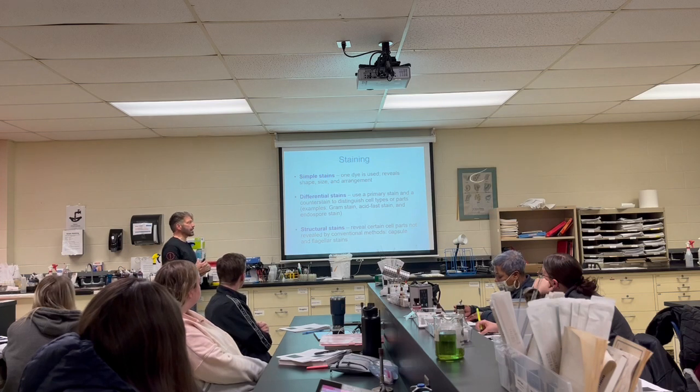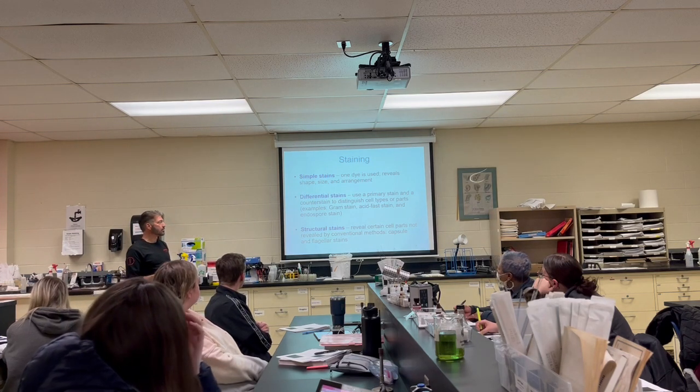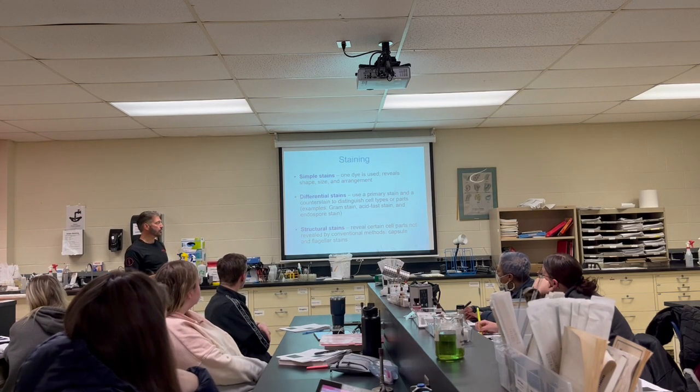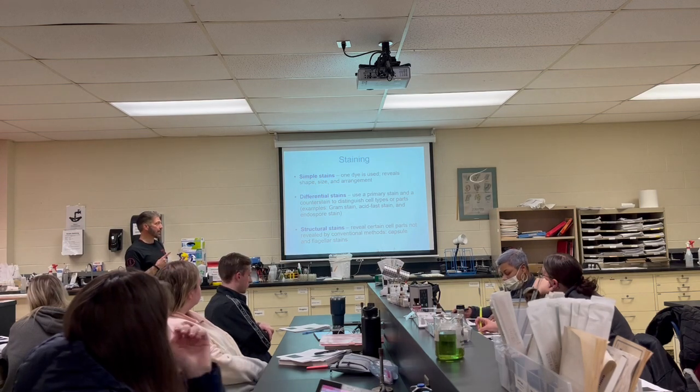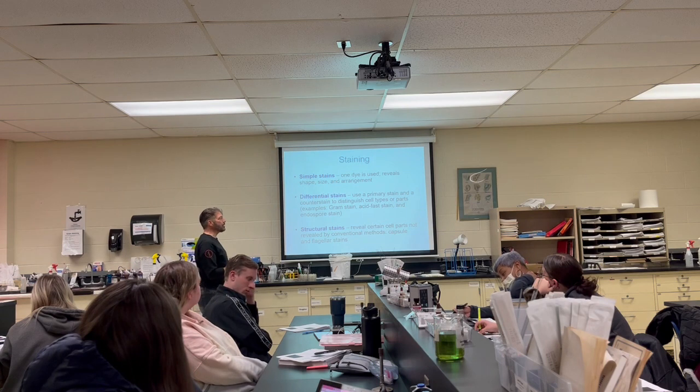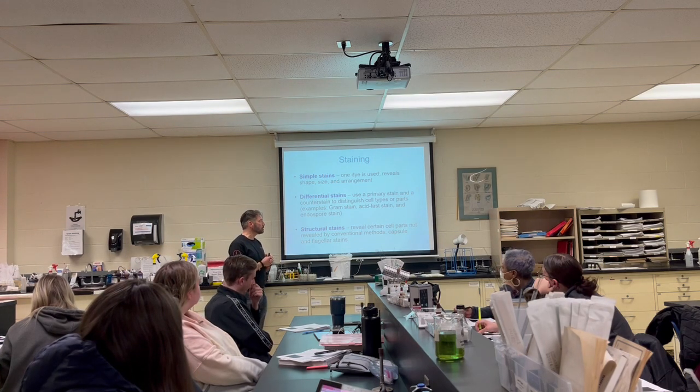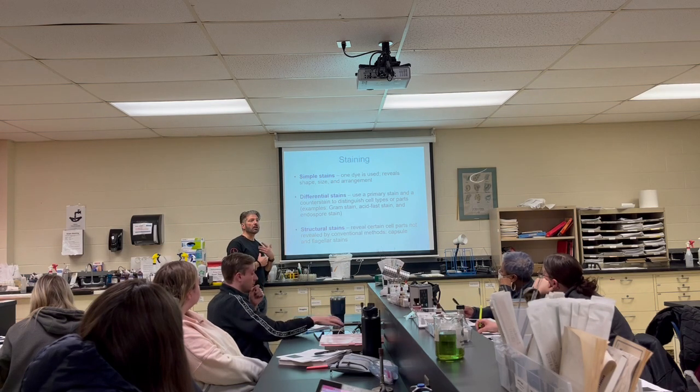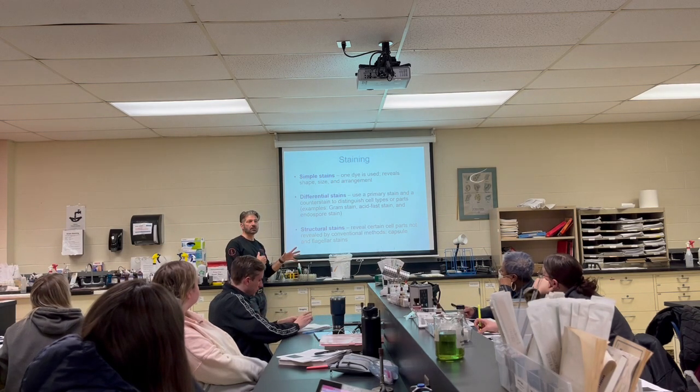Now, structural stains reveal certain cell parts not revealed by conventional methods. As I said before, if it has a capsule or a flagella. If it's encapsulated, it's probably harder to kill. And if it has a flagella, it can move towards something it likes, or away from something it doesn't like. If it finds food or sugar, the flagella is going to run towards it.